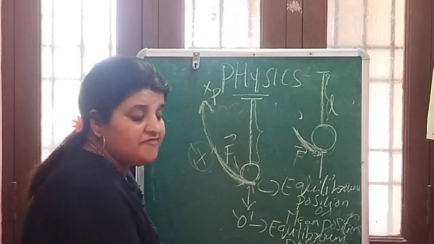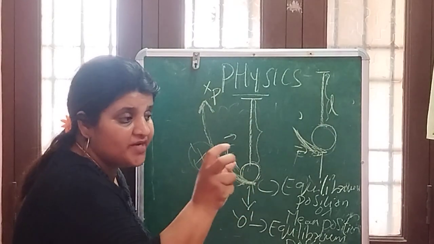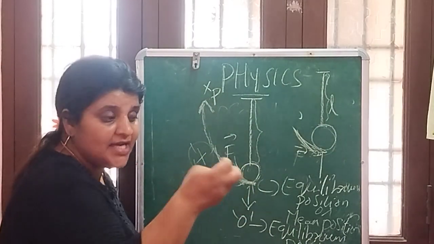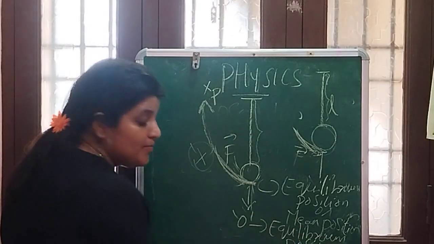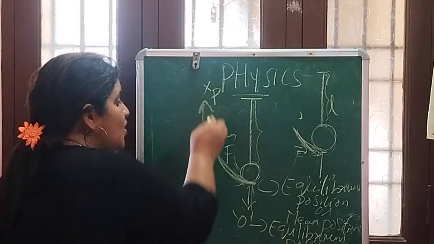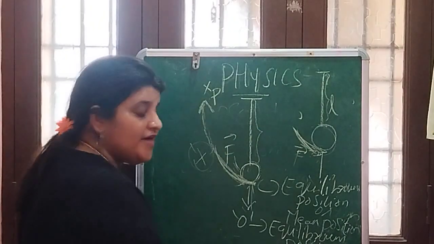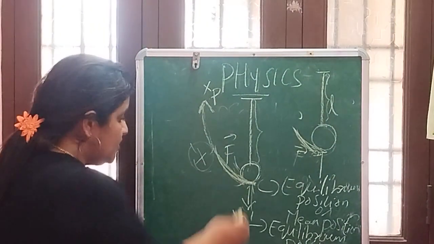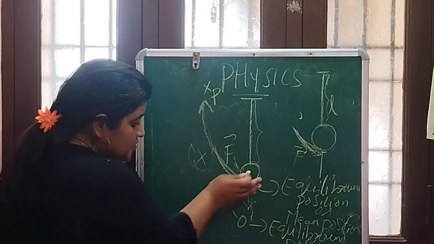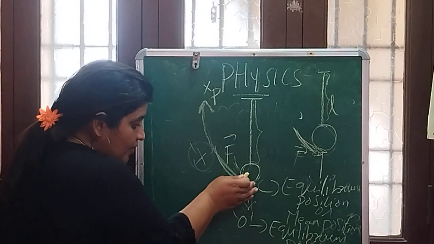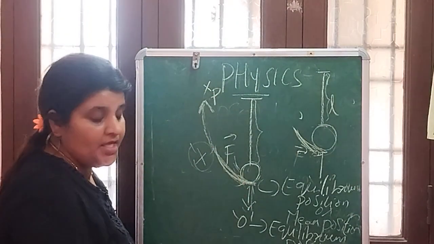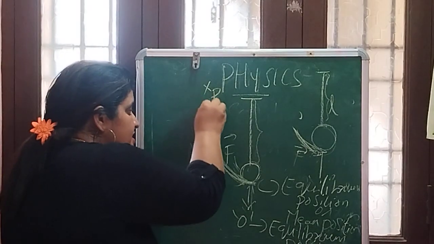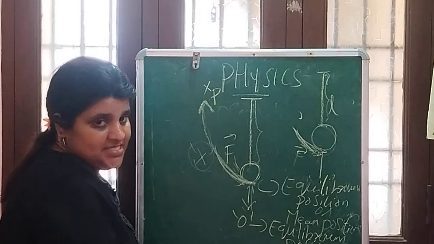Displacement we will always define as the shortest distance between the two positions, the initial position and the final position. Here O, the equilibrium position, is the initial position, and P, the extreme position, is the final position of the bob. So by applying external force, we are taking the bob from the equilibrium position to one extreme position P with a displacement x.